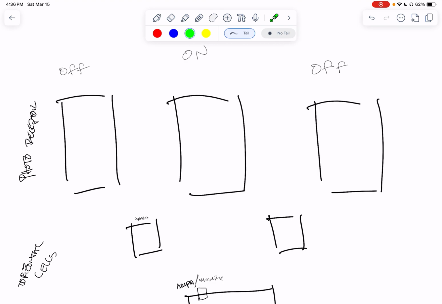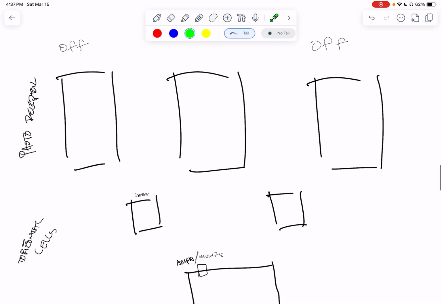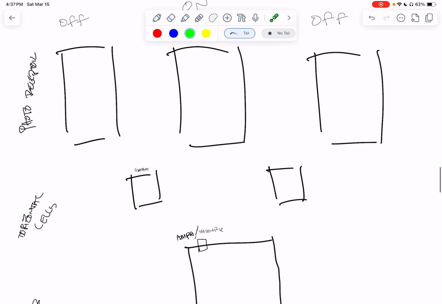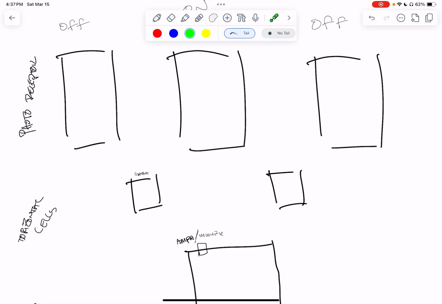GABA is an inhibitory molecule that basically causes a string of IPSPs, or inhibitory postsynaptic potentials, to change the rate at which the neurotransmitters are released to deliver varying signals to the brain, which helps you see varying intensities of light, helps you identify shapes and edges, all in the hopes to help your brain understand the world around it.